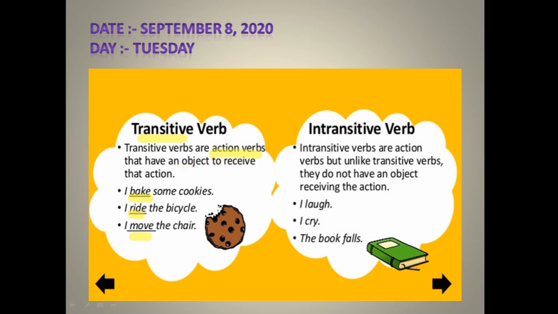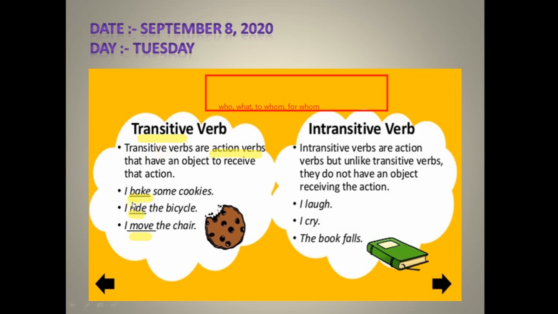If you remember why we learned objects, the question words are who, what, to whom, and for whom. Whenever you get the answer of these four, they will come in the object, and they will come in transitive verbs.